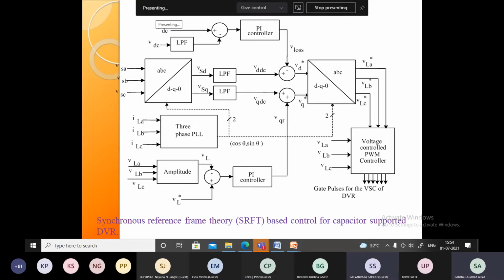In the second case, VSQ, put a low pass filter to get the DC value of VD and VQ, then add the output of the AC bus PI. The load voltage amplitude you compare with the reference value, put a PI controller, and you find the output VQR. Both you add, and after that you have VQ star. So VD star and VQ star you convert from DQ to ABC.